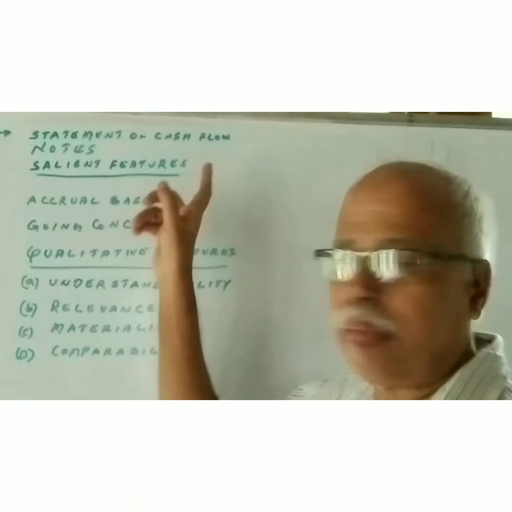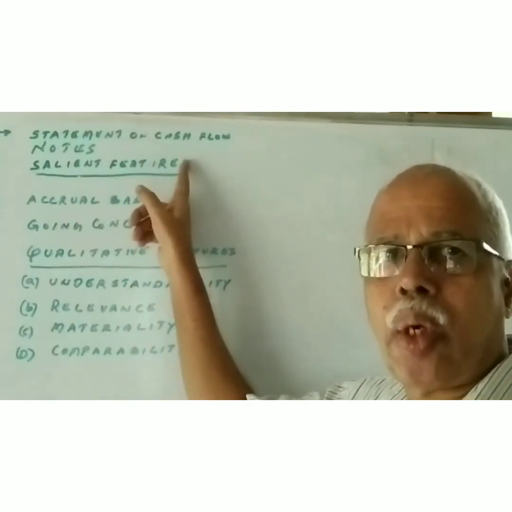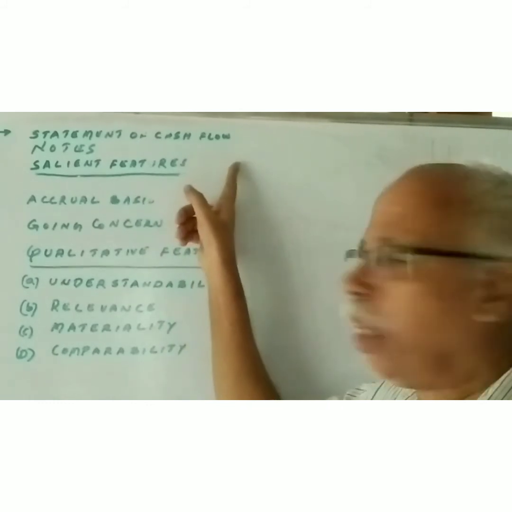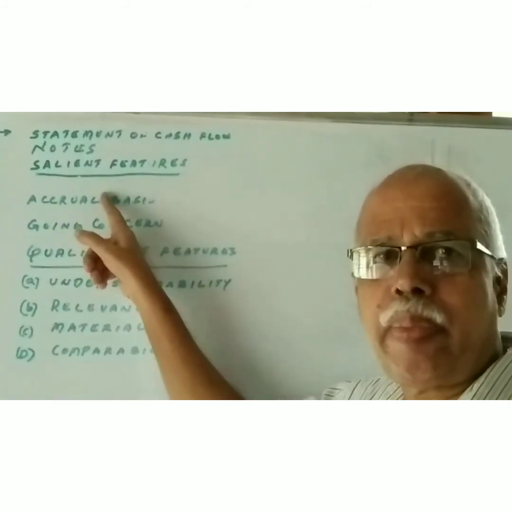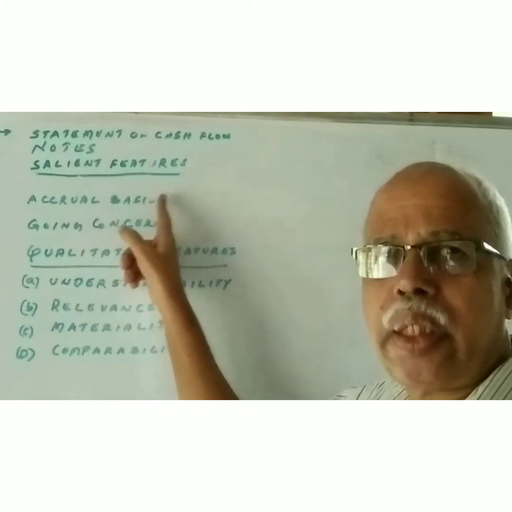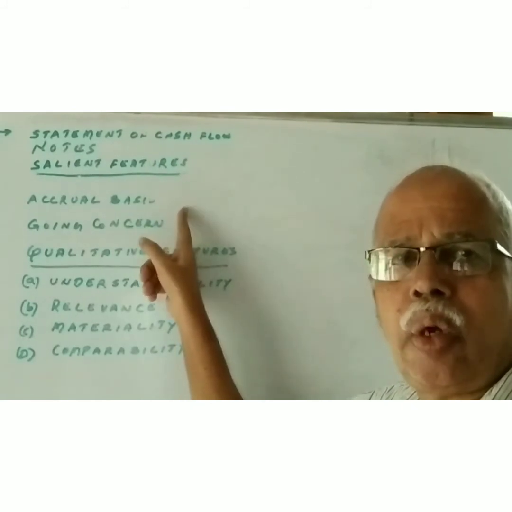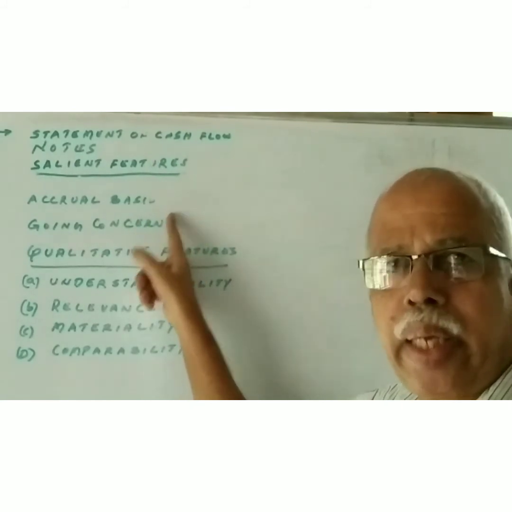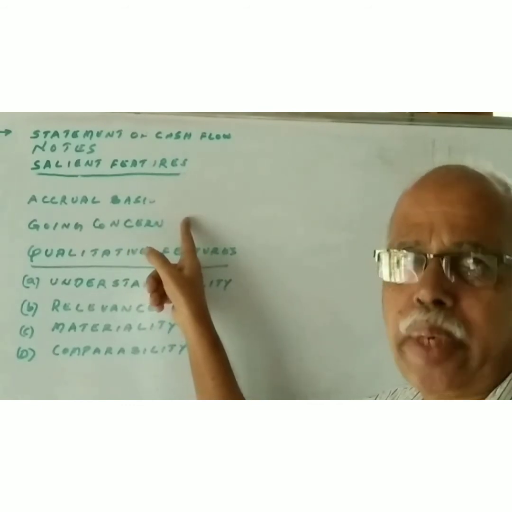Before we wrap up, we will examine the salient features of a financial statement. 1. Accrual basis. Financial statements are prepared on accrual basis. This means all transactions done during a period will be recorded in that period irrespective of whether cash is received or paid.